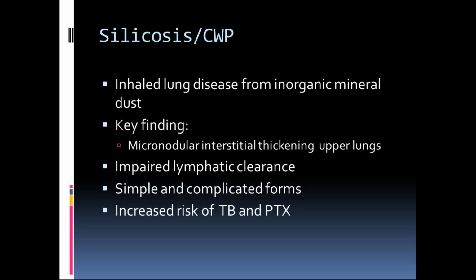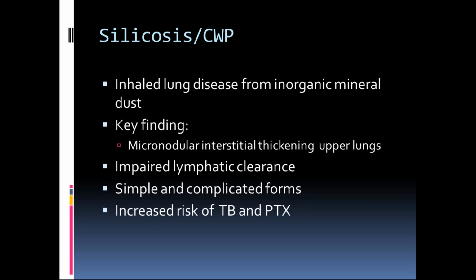So you have simple and complicated forms, which I'll show you a couple of pictures of, and they do have an increased risk of tuberculosis and pneumothorax. Now, instead of just memorizing that, I'm going to show you why, because it's easier to remember why you have these things rather than just to memorize it. If you have impaired lymphatic clearance, you're not going to be clearing other pathogens.